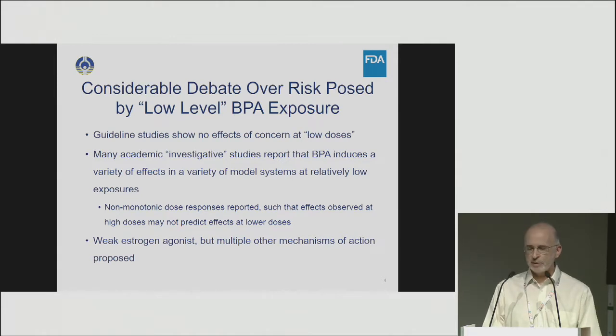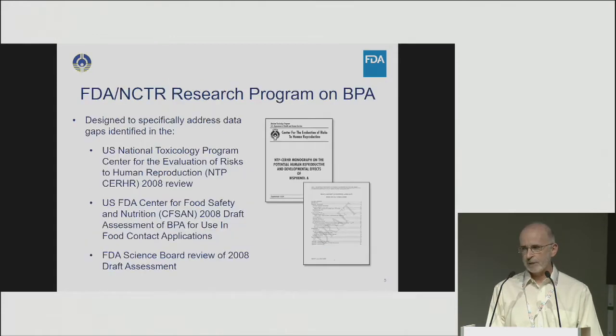Much of the work, certainly the early work, has been done on the assumption that bisphenol A is a weak estrogen, acting as a weak estrogen agonist. But now there are multiple other mechanisms of action that have been invoked to explain the reported actions of BPA. So this gets us started as to when NCTR started working on the project in 2008.